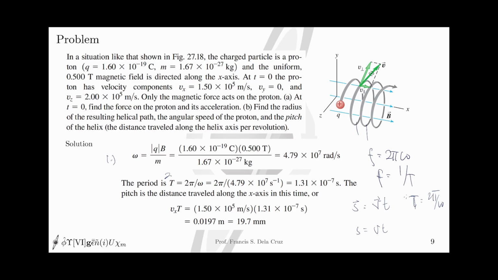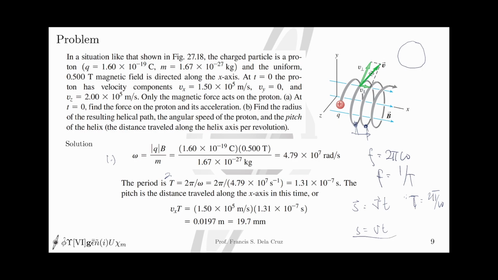That entire revolution will bring the proton from this point to this point, with a time of revolution of 1.31 times 10 raised to negative 7 seconds. But since the proton is also moving parallel to the magnetic field, parallel to the x-axis, it will move this distance. So if we know this distance, we will know the pitch of this helix.